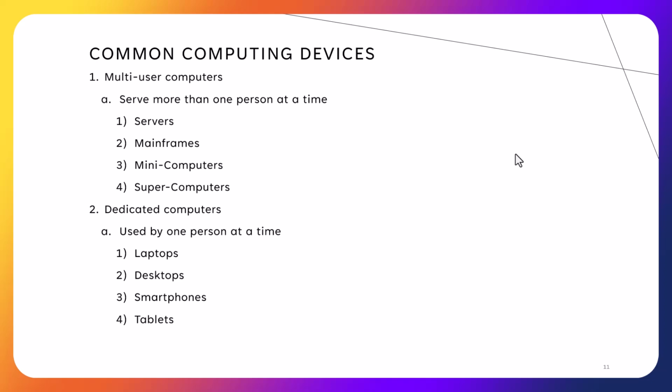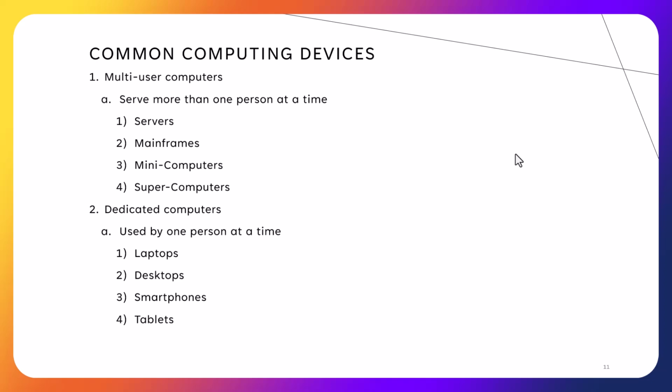A server is designed to serve out or share other pieces of hardware or applications. You may have a file server where everyone in the company can store files in a central location. We may have an application server or a web server. Web servers serve out web pages to other computers and other computing devices.